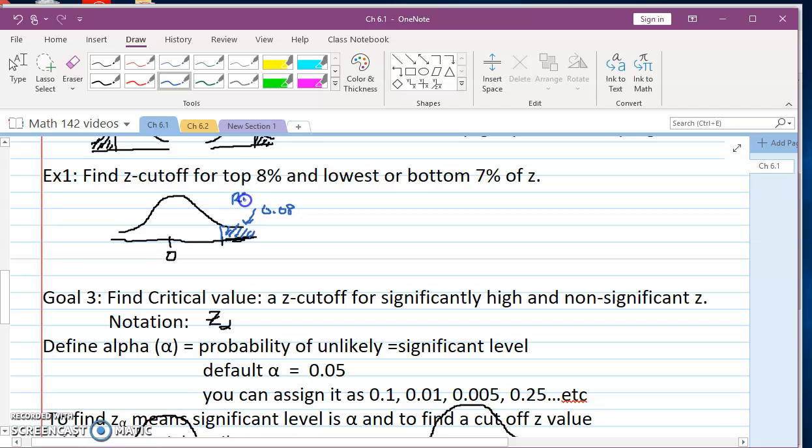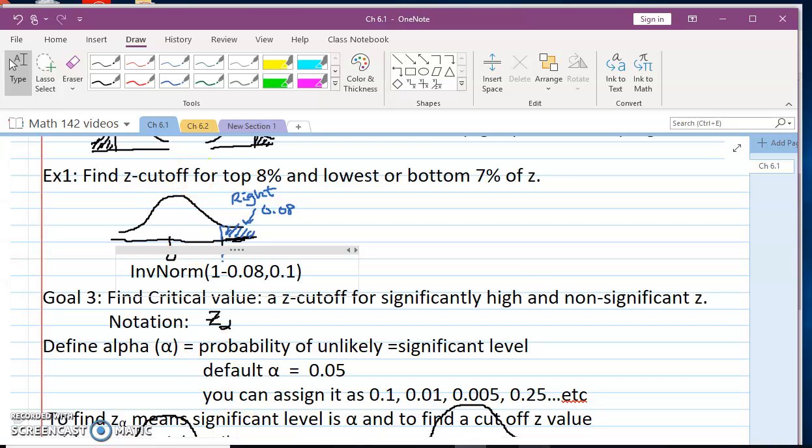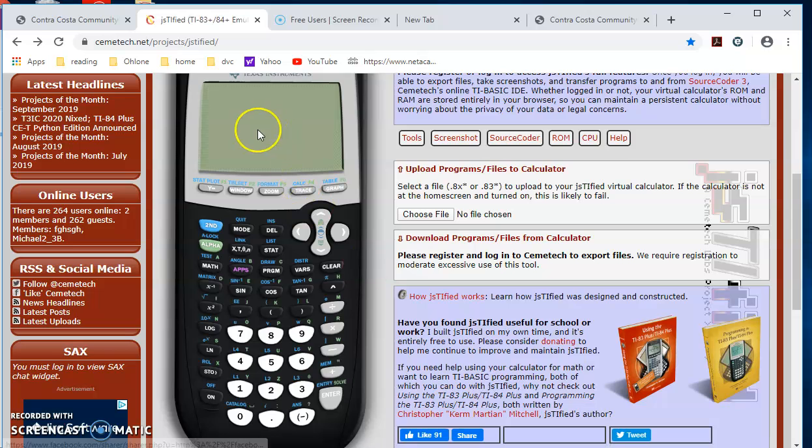That's the right area. So to find this cutoff, we would use inverse normal, but because we have the right area, we have to do the 1 minus for non-TI-84 calculators. 1 minus 0.08, 0, 1. Okay, so use the calculator. Turn on.